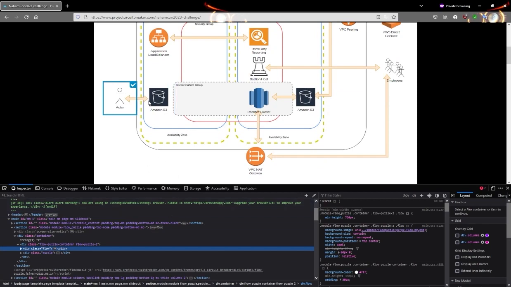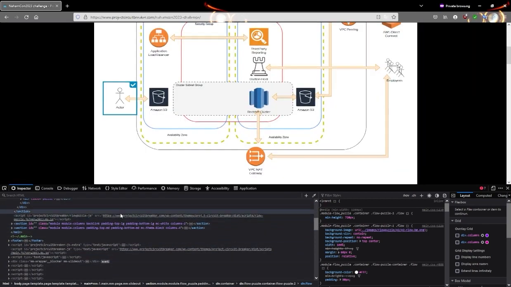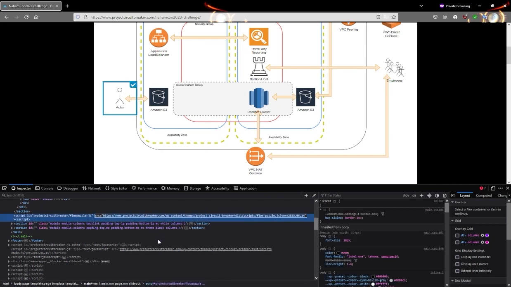Then I noticed this one. There is a script being called by the project website, flow puzzle JavaScript. We can open this one up and view the script in a new browser window, but I found that to be a boring interface.